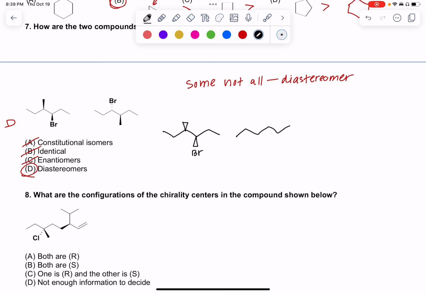Or 2, 3, 4, 5, 6. Yeah. 2, 3, 4, 5, 6. It's kind of funky. 2, 3, 4, 5, 6. Okay. And then I'm going to draw its mirror image, right? So I've got 1 carbon on the 3rd carbon. I've got a bromine that's like here, and I've got a methyl right here. So now I've drawn the mirror image.